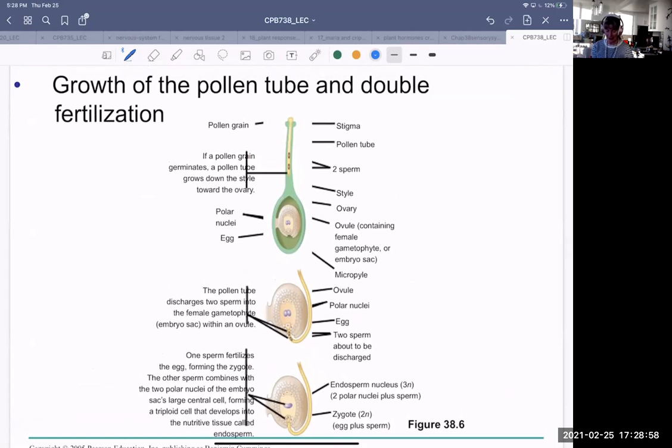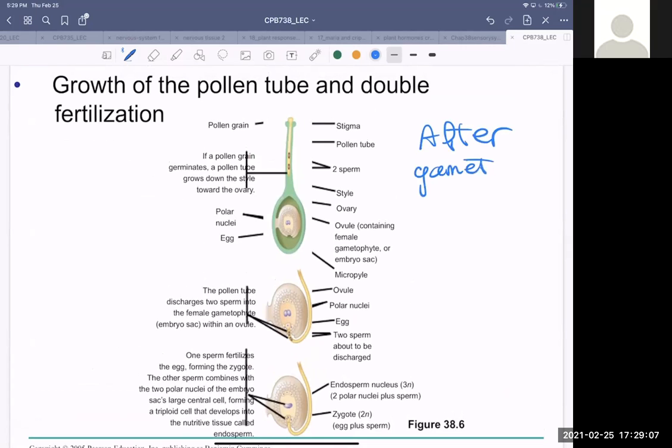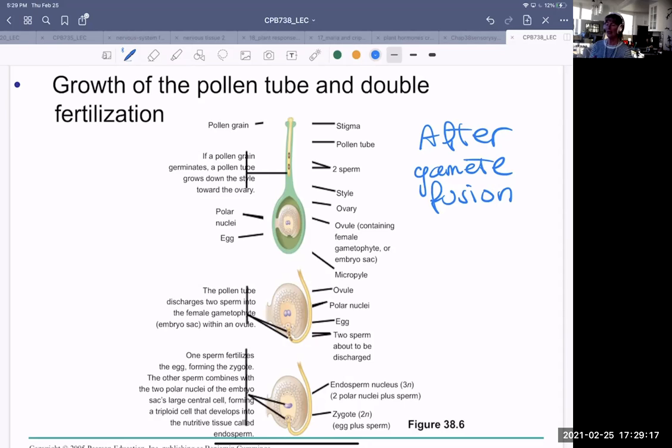But what I wanted to say is very interesting, which is that after gamete fusion, there is a block to polyspermy. So in case other pollen, which will probably have landed on the stigma, and maybe they're growing a pollen tube as well, and maybe they're going to release sperm as well, those sperm are prevented, just like in animals, from fertilizing or trying to fertilize the same egg.